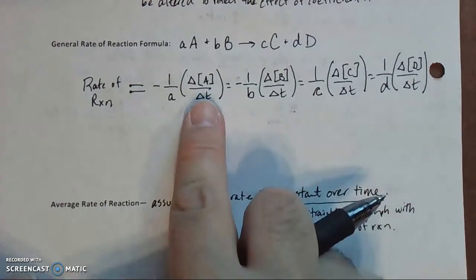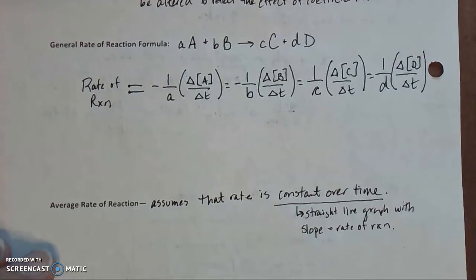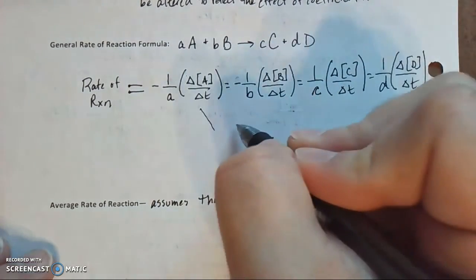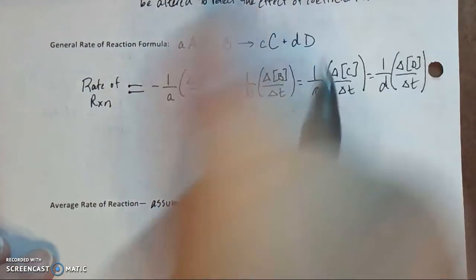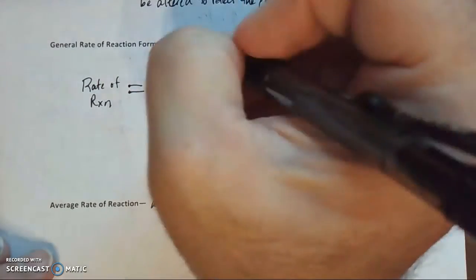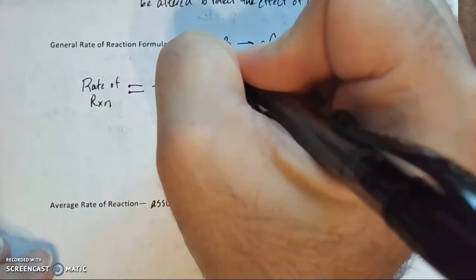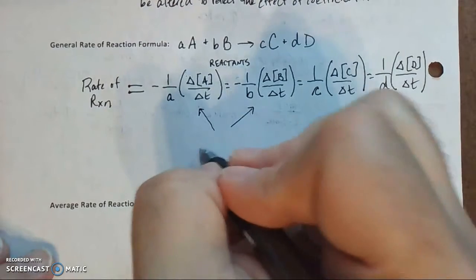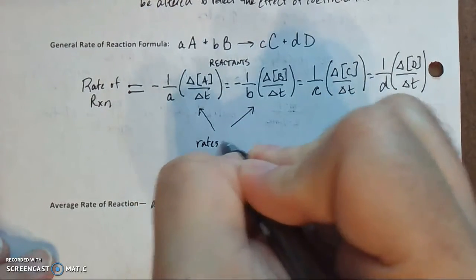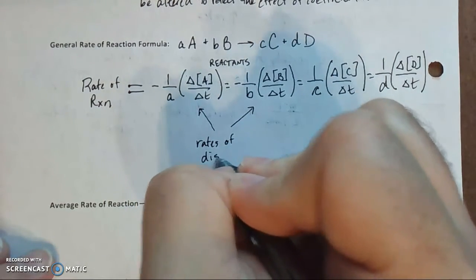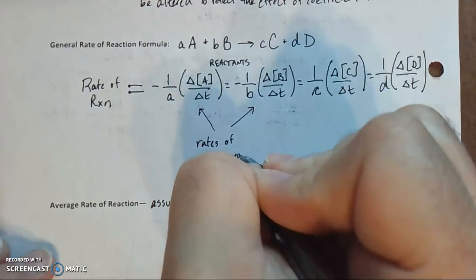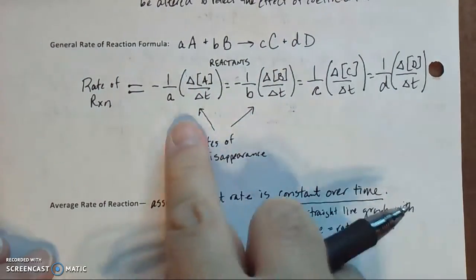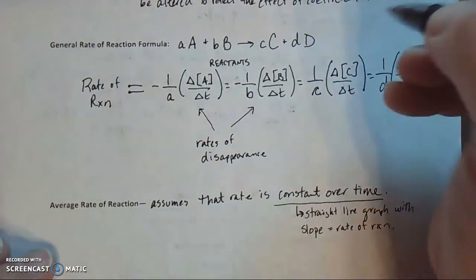So if we go back up to this general rate of reaction formula, these two up here, because they have the negative values and these are the reactants, are called rates of disappearance because these substances are disappearing over time.